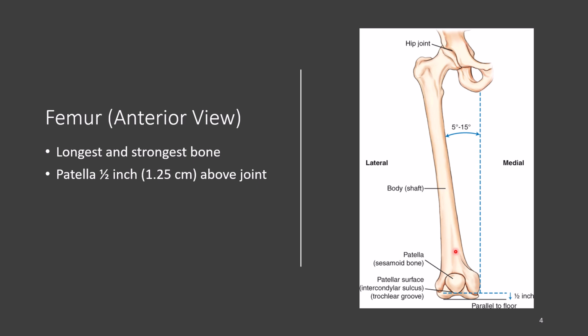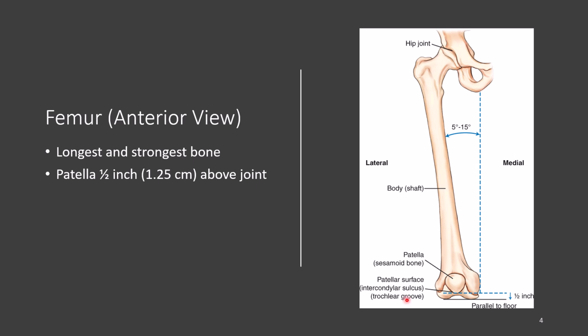And it says that the angle would be greater on a person that's shorter in stature and a wider pelvis, and it would be less angle, closer to 5, on a person that was of tall stature with a narrow pelvis. So typically the degree of angulation is greater on a female than on a male, because when we stand, your femurs are not exactly perpendicular to the floor. They actually have an angle, and it depends on the width of the pelvis.